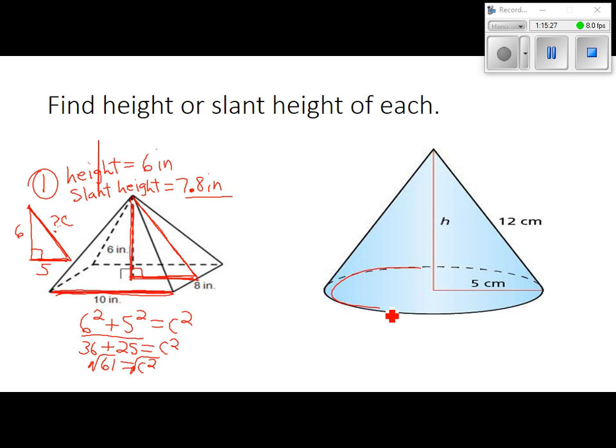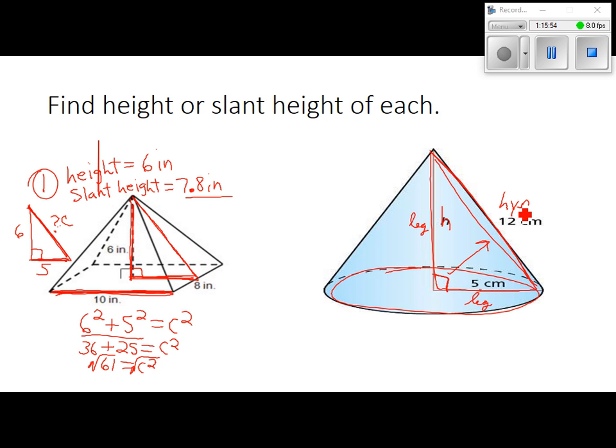Now, if we're looking at this and we don't want the slant height, we're given the slant height, but we want to use the formula that deals with the regular height, we still have a right triangle here. And in that right triangle, again, this is one of your legs, that's a leg, that's a leg. This side across from the right angle is the hypotenuse.